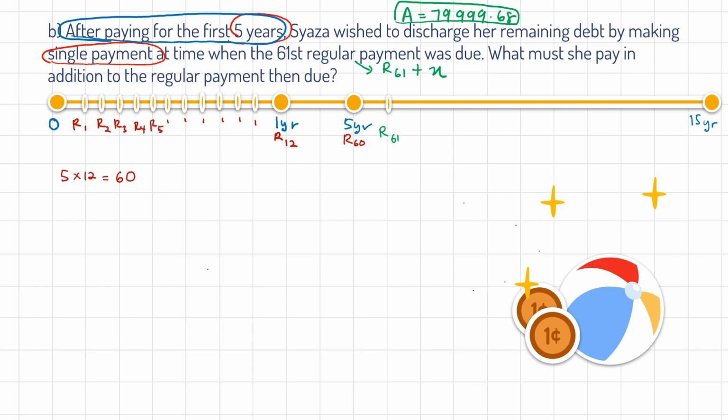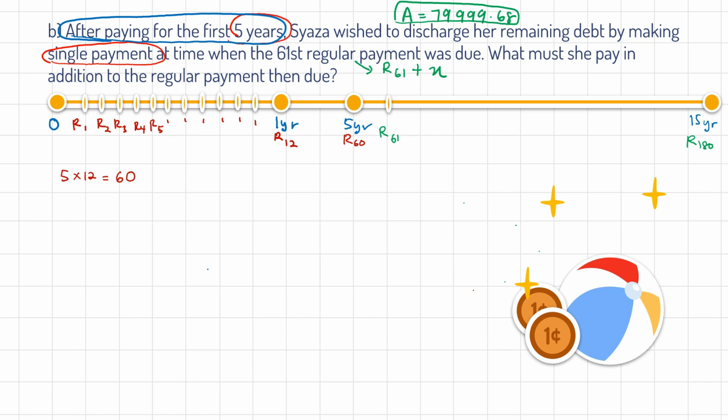And then here she wants to settle her loan, which means that from R61 until 15 years, the value of R is 180. So R180 portrays the last payment that she needs to pay. But Shaza did not want to wait until R180. She wants to settle her debt at R61.